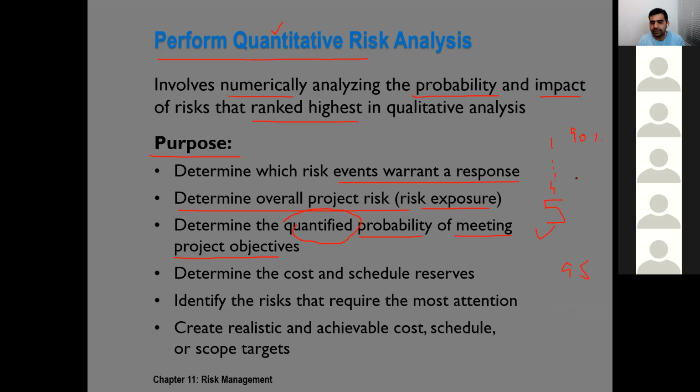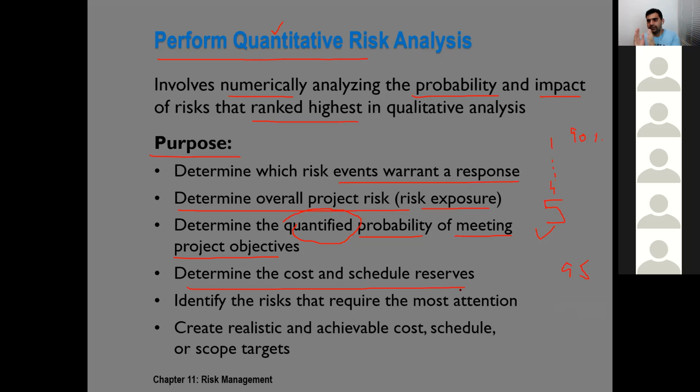Even it can help us because we are talking in real data, numerical data, real money, so on and so forth. It helps us to determine cost and schedule reserves. Based on real calculation, we are able to find that, okay, these are 200 risks, and to manage these risks, we require $100,000 exactly.